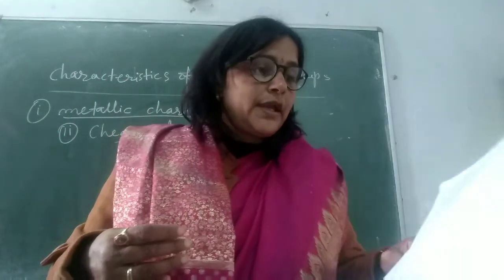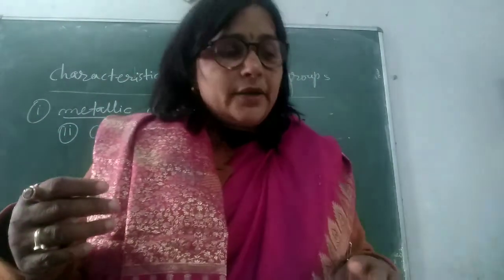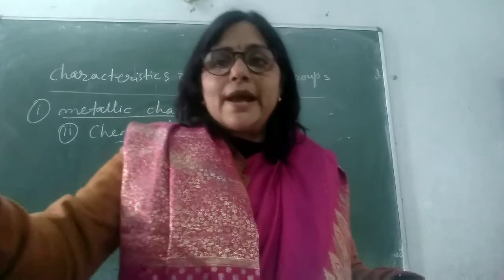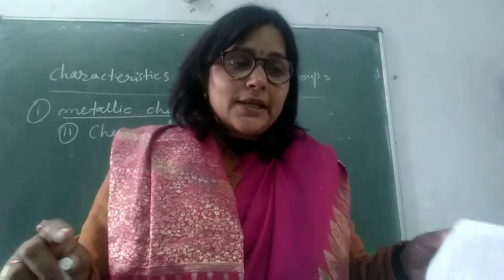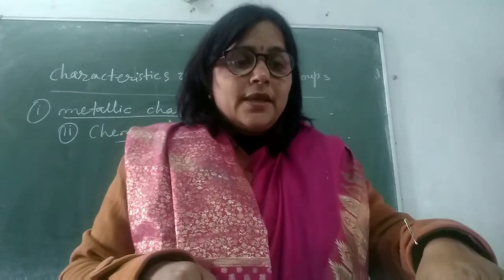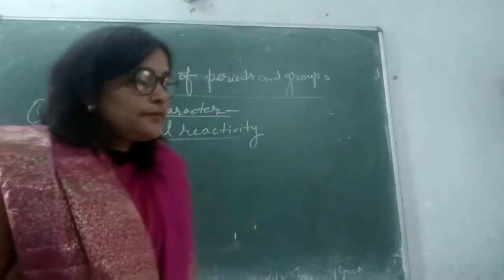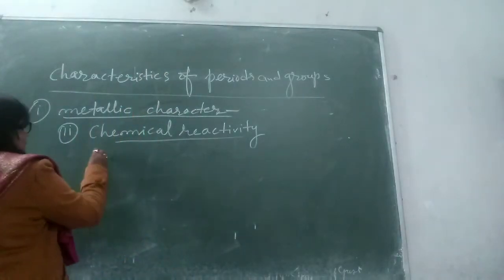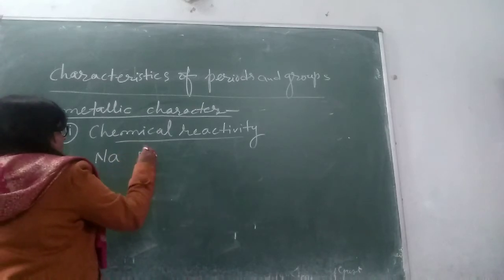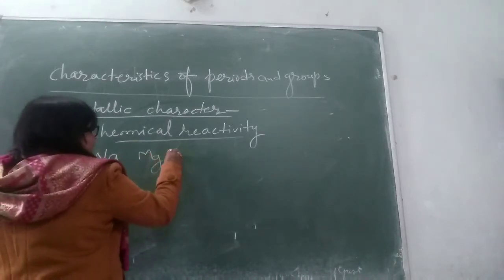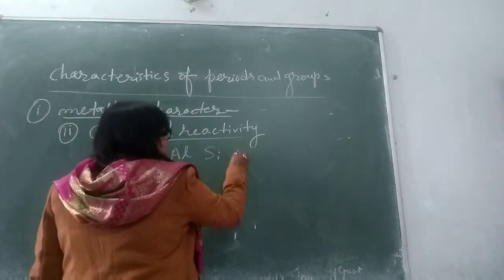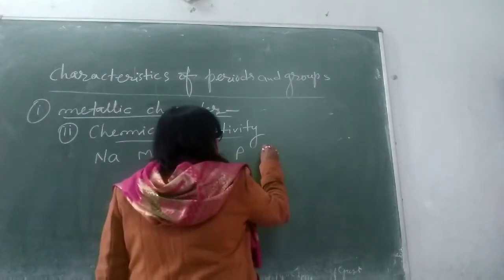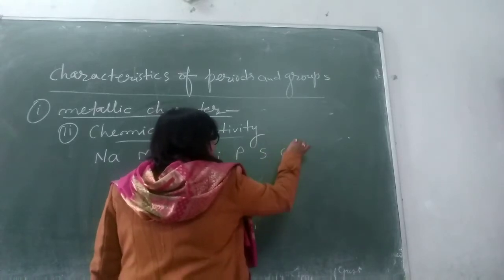But when we are moving in a particular period, the chemical reactivity starts decreasing and then increasing. For example, suppose we are moving in period number 3: sodium, magnesium, aluminium, after that silicon, then phosphorus, after that sulfur and chlorine.